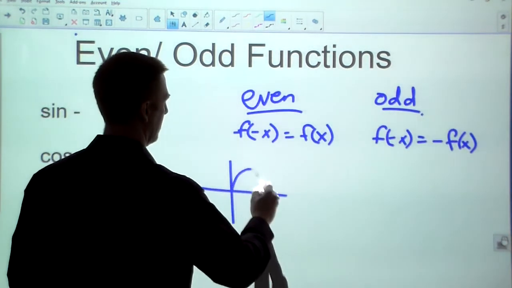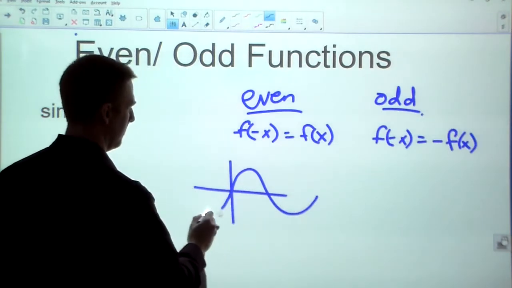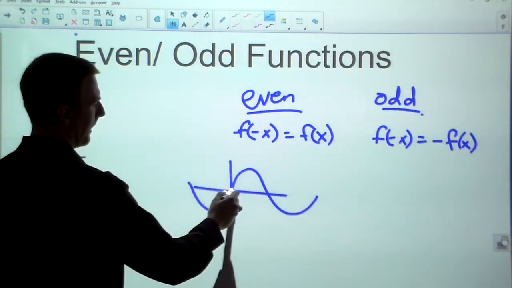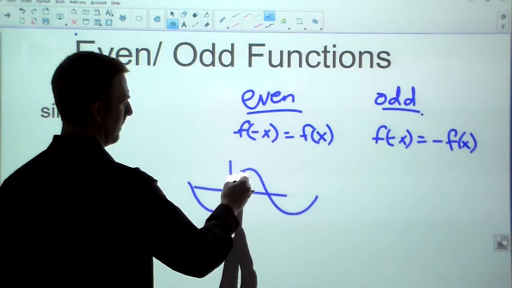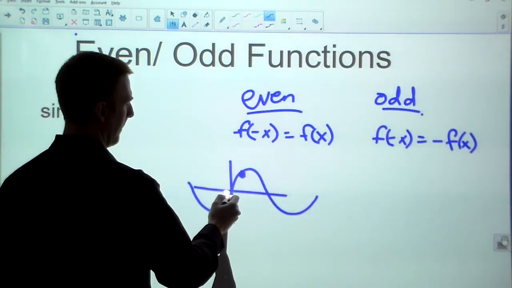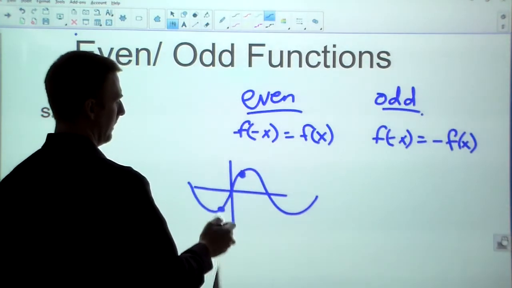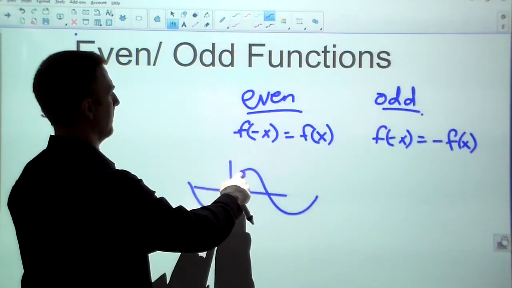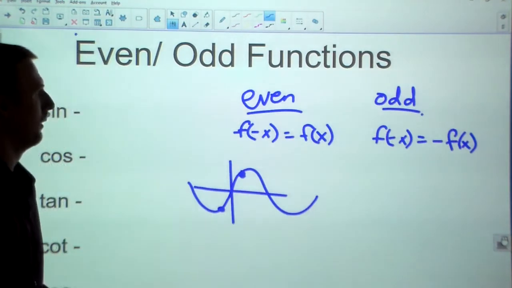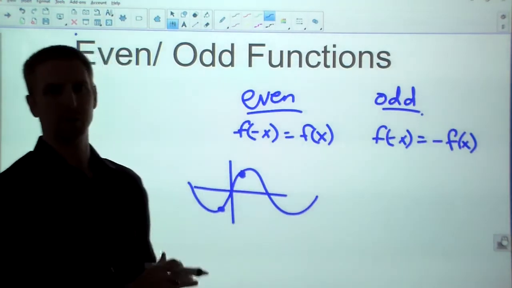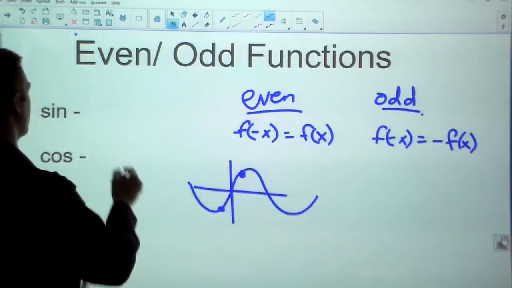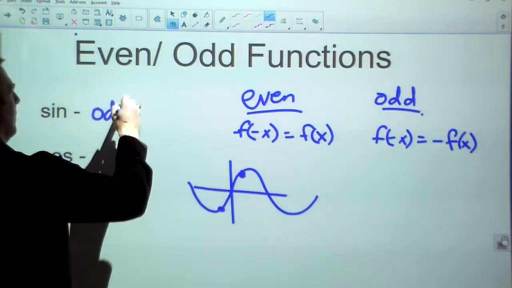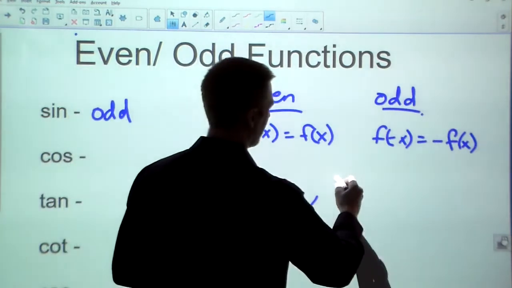The sine looks something like this. If I pick any x value and look at the y, and I pick the opposite x value, it looks like the y is going to be the exact opposite. Now we can test some points and verify that completely, but the sine function is going to be an odd function.